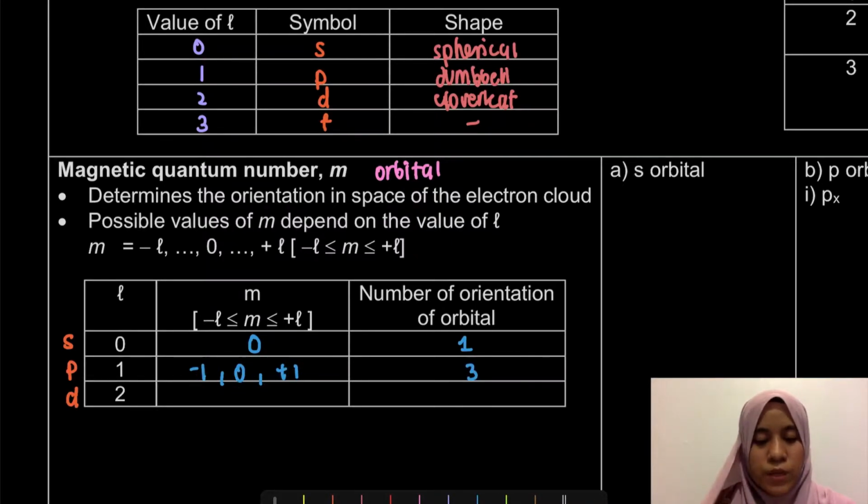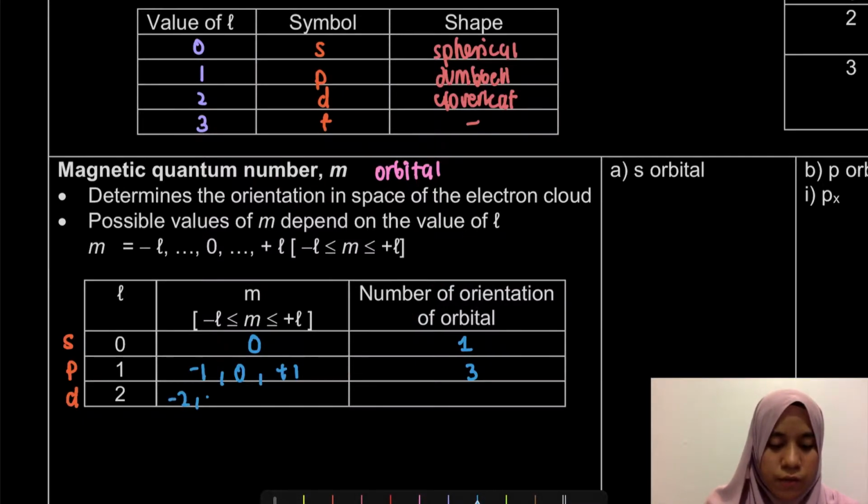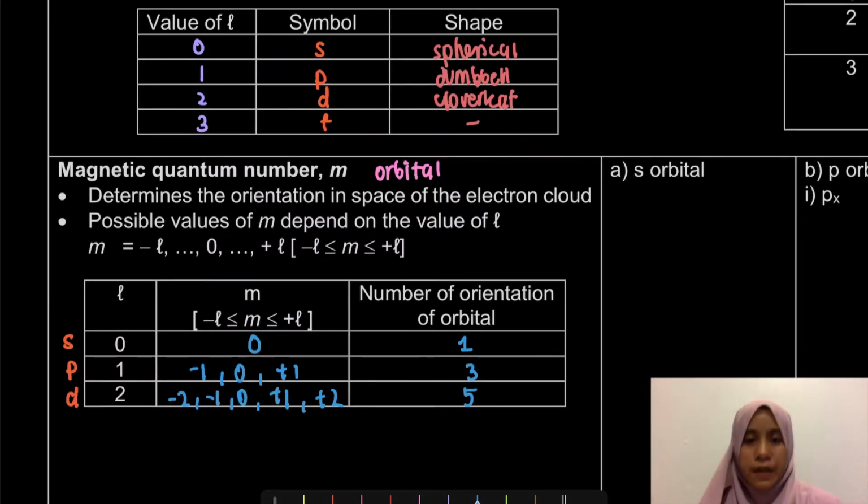Next, when L equals 2, our D shape, which is the clover leaf, starts from negative 2 until positive 2: negative 2, negative 1, 0, positive 1, positive 2. That is 1, 2, 3, 4, 5. So the number of orientations of the D orbital is 5.